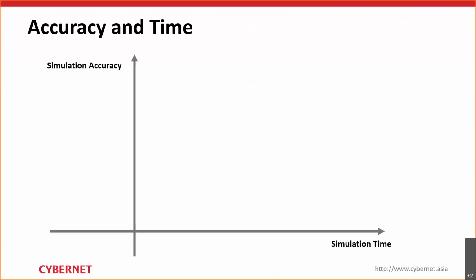Let me use a graph to explain this for you. In this graph, the x-axis is the simulation time and the y-axis is the simulation accuracy. We have the 2 DOF and 3 DOF models, which are fast but not accurate enough. The multi-DOF model is accurate, but we have to spend more simulation time.